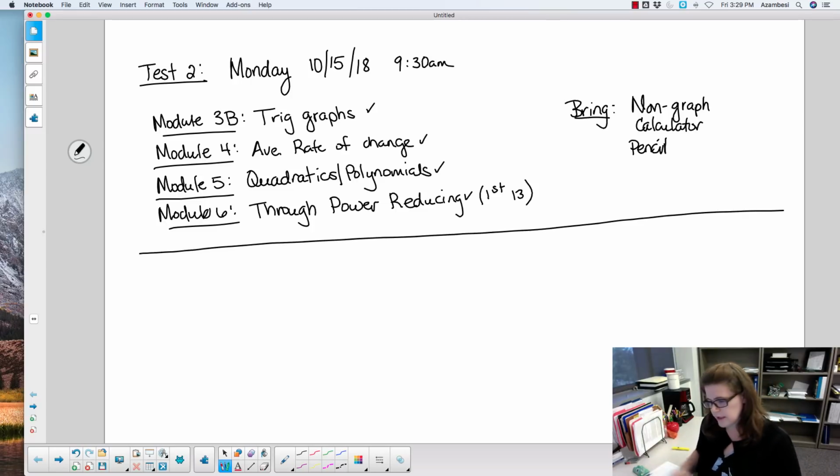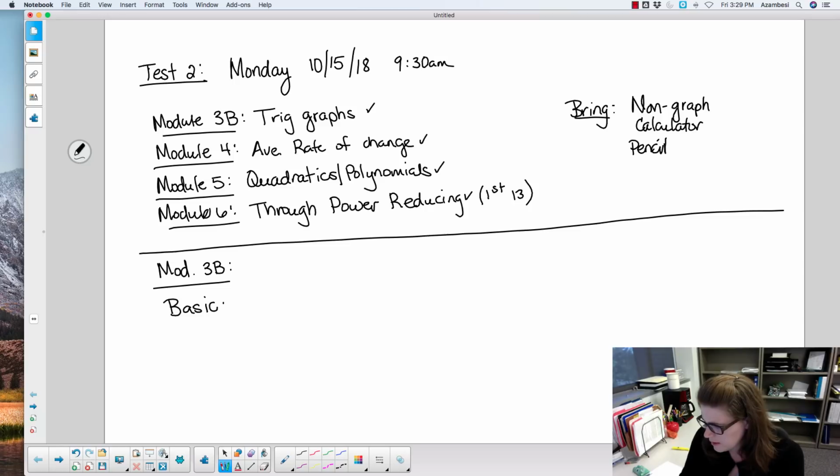As far as what you should expect, I'm going to go through kind of module by module to narrow down your study focus. These are not specific problems, they just give you an overall idea. So from Module 3B, you should expect a couple of problems where you have to graph a trig function, and think of one that's basic.